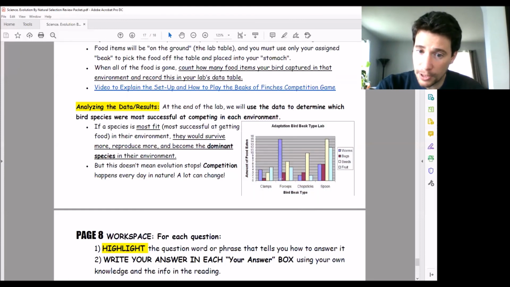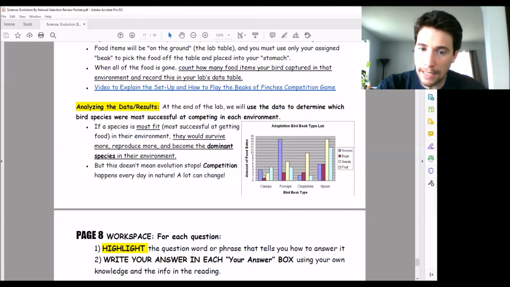And I look at forceps and I go up and I see that forceps ate 15 of the worms. So I can say that the forceps beak type would be most successful because they ate 15 worms. And we've got to look at the other beaks too.